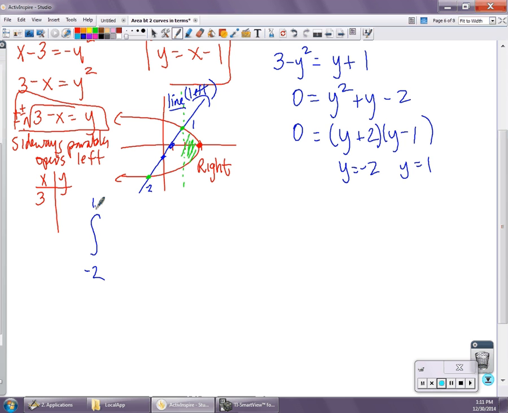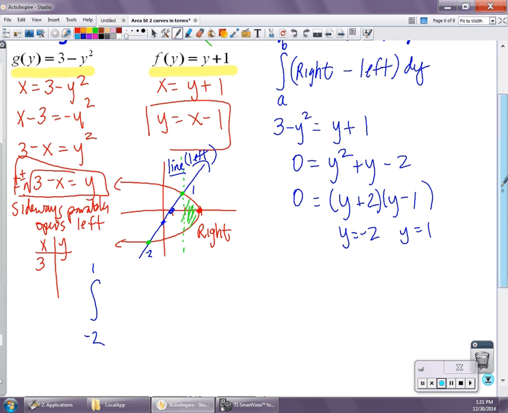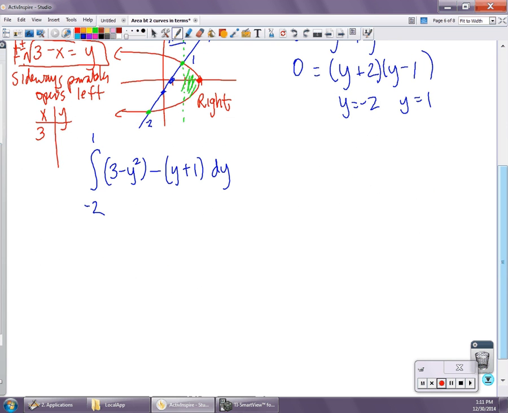Right-hand curve, it's always tempting to do the left-hand curve. It's the right-hand curve, and the right-hand curve is the parabola in terms of y, which is 3 minus y squared, minus the left-hand curve in terms of y, which is the line, and make sure that you put a parenthesis behind that subtraction so that you don't make a silly mistake.